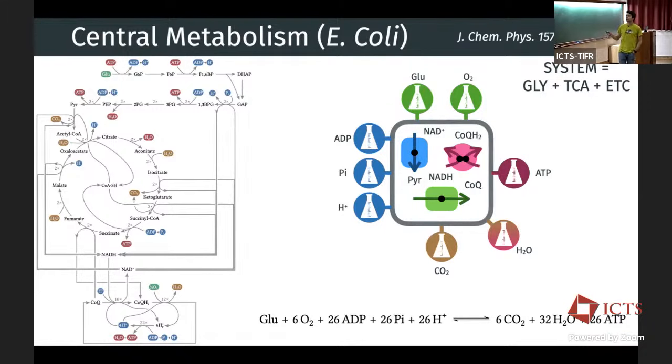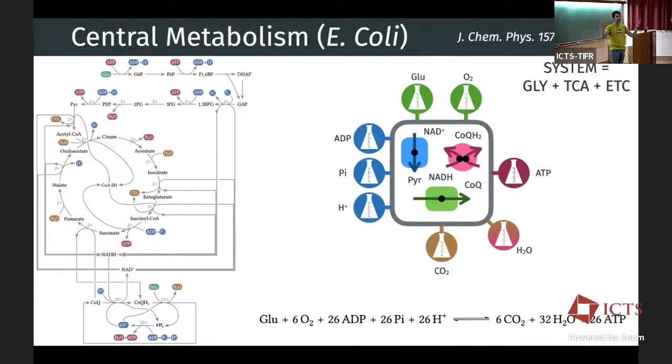So again, we consider glycolysis, TCA cycle, and electron transport chain. They are our 3 modules, with the same language as before. So first module, we need to characterize it, and assuming that the species that are exchanged with the environment are these: glucose, oxygen, ATP, water, CO2, H+, phosphate, ADP. These are the species that are exchanged with the environment.